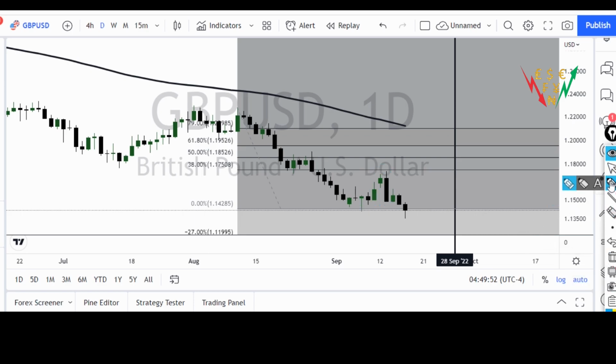Now, if that is true, guys, by virtue of this particular candle, you can see that the bears are actually taking over the market. Like the bears are more in the market.